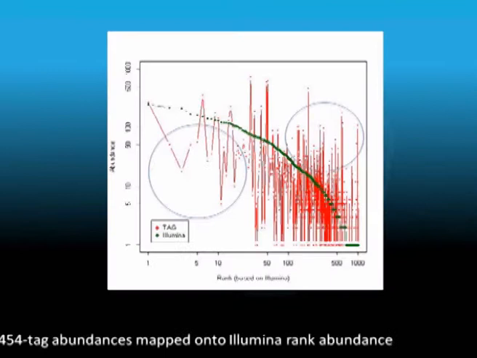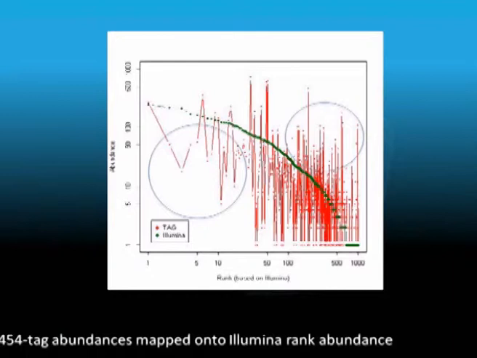And here we see again this rank abundance, with the rank here and the abundance here, and all the OTUs plotted according to rank. In green, you have Illumina. What we've done is to plot the rank abundance of Illumina, and then plot the corresponding OTU and the abundance you get with 454.